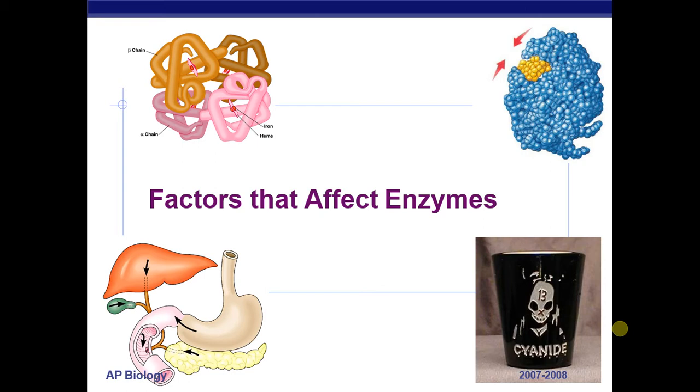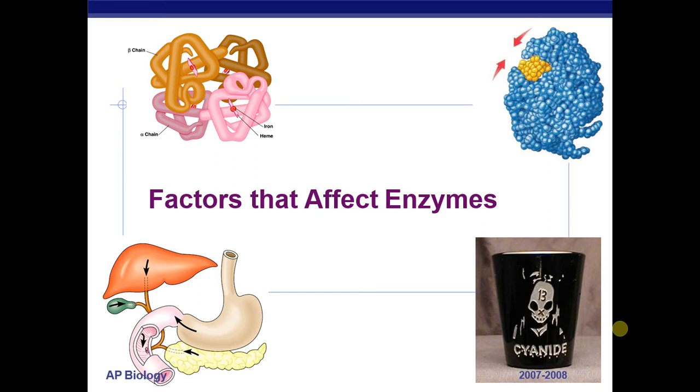In so doing, we should be able to make some pretty solid extensions into phenomena that we have experienced biologically speaking, in our own bodies, that have to do with how enzymes might have been affected in a positive or in a negative way.